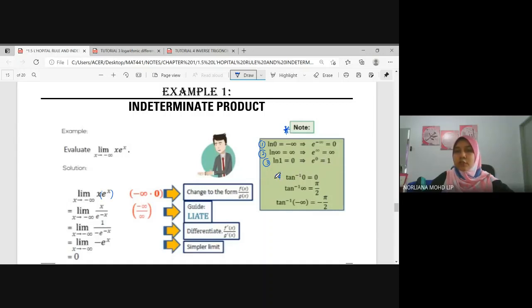Number 4, tangent inverse 0 equal to 0. Number 5, tangent inverse infinity equal to pi over 2. And tangent inverse negative infinity equal to negative pi over 2. You have to remember these.